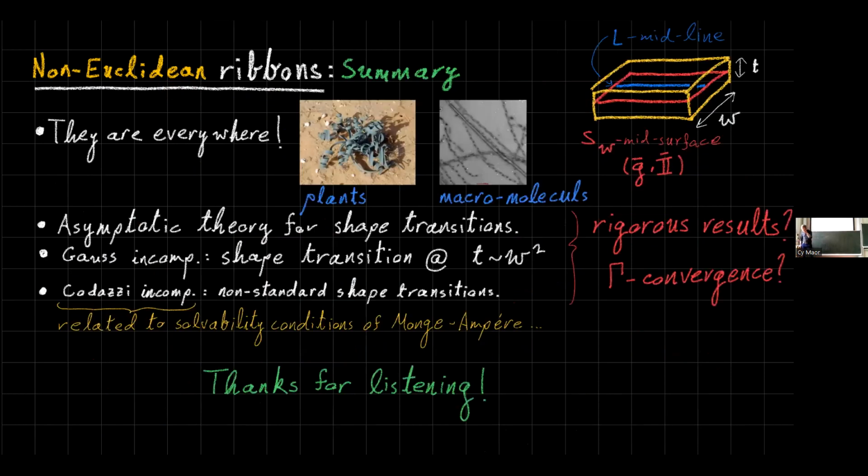So let me sum up what we saw today. We discussed non-Euclidean ribbons. They're everywhere. There is this plant I showed you before, but there are also macromolecules. So this is super interesting. These chemists are looking at some type of molecules. They are self-assembled macromolecules.